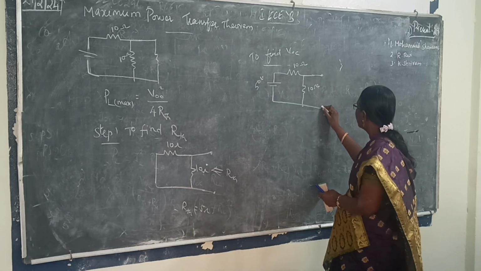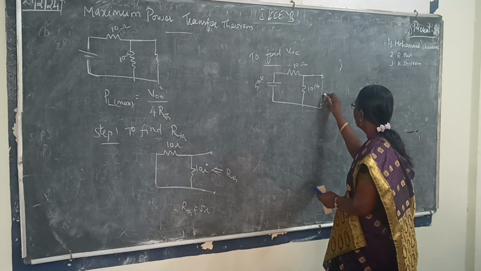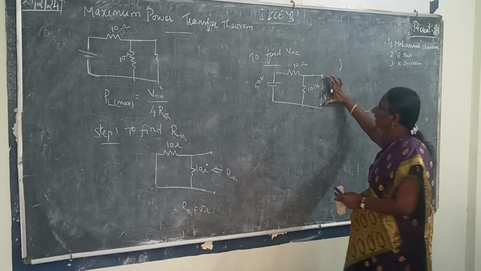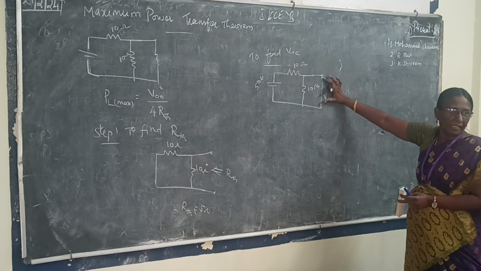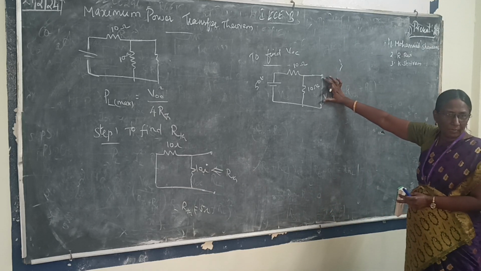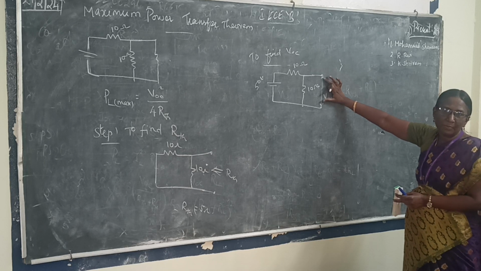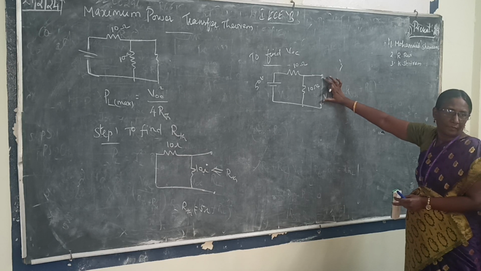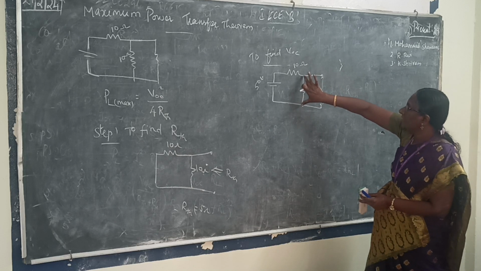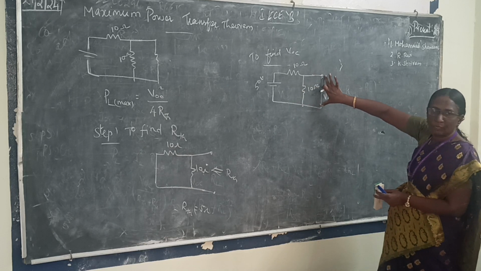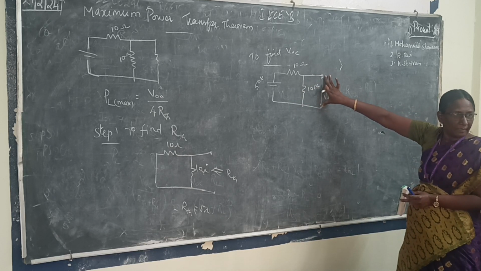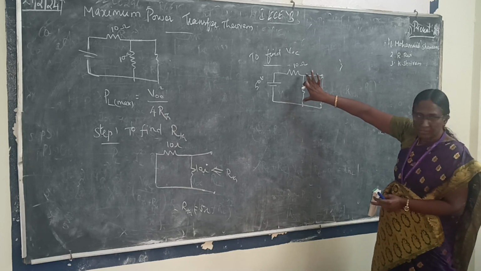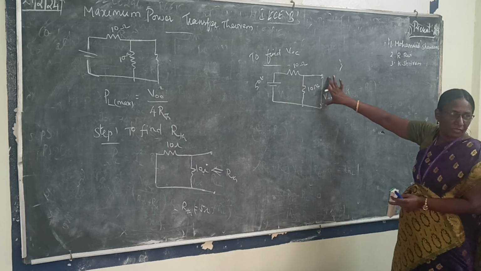Then VOC, this is VOC. Find the voltage between these 2 points. How do we find the voltage between these 2 points? The voltage across the 10 ohm resistor is VOC, isn't it? Am I right? The voltage across the 10 ohm resistor is VOC.